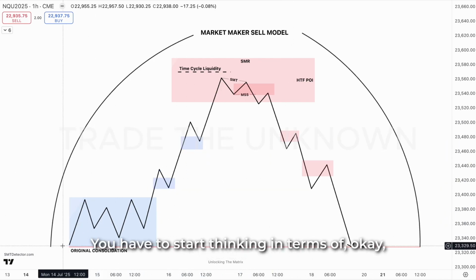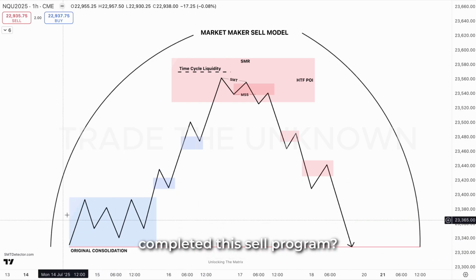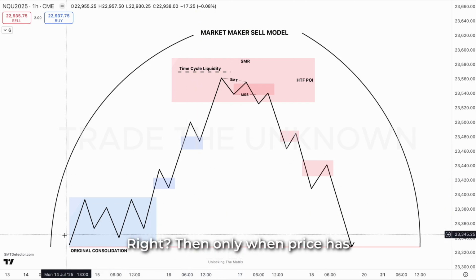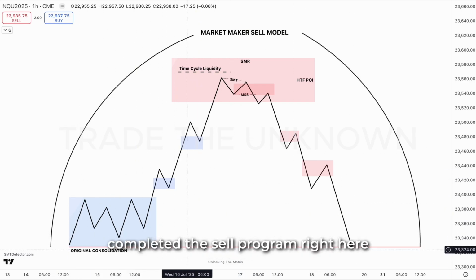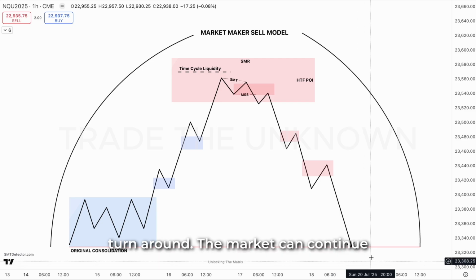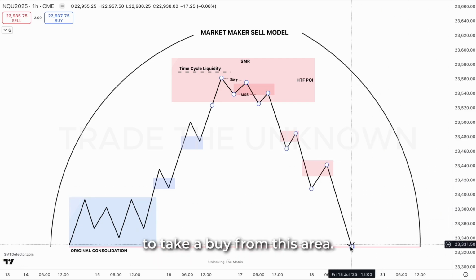You have to start thinking in terms of, okay, has my higher time frame target been reached? Has price basically completed this sell program, right? And only when price has completed the sell program right here is when you have to start monitoring, okay, now perhaps we can turn around, the market can continue lower, of course, or you can then get another opportunity to take a buy from this area.